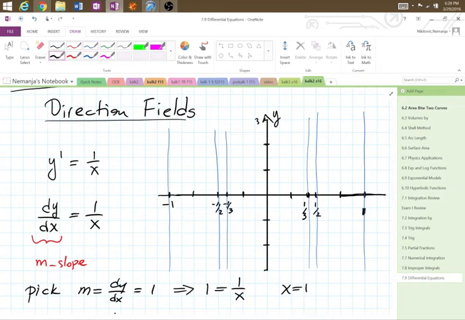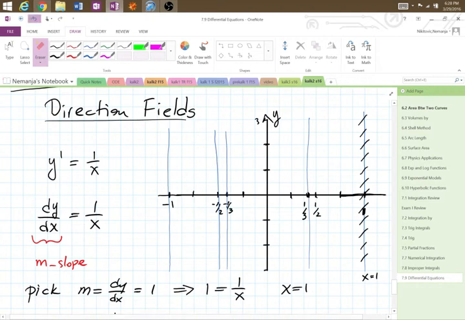So for x equals 1, which is the one at the end, we have the slope of 1. So we draw those 45-degree lines. And then we have at 1/2, the slope was 2, so that's steeper. So we draw steeper. That's too steep.